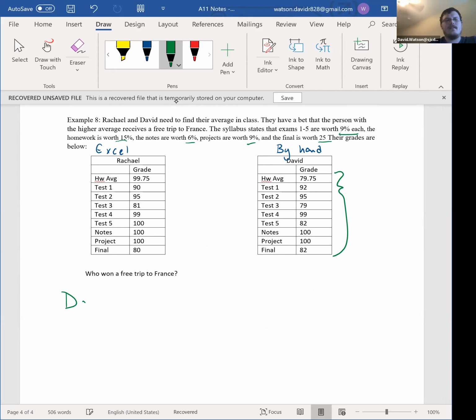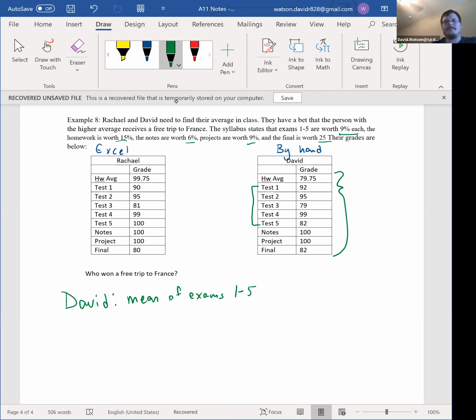All right. So for David, we're going to look at each of these different parts on their own, and then we're going to place it all together, okay? So first off, exams 1 through 5 worth 9%. So let's look at just exams 1 through 5 first. We're going to take a normal average or a normal mean of exams 1 through 5.